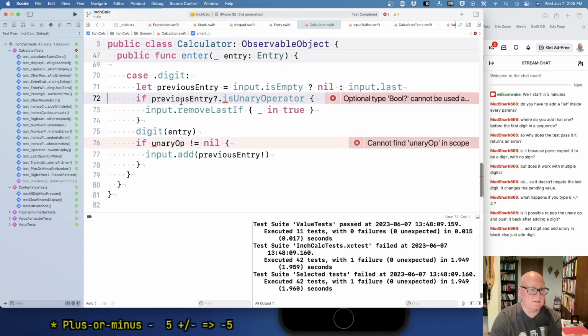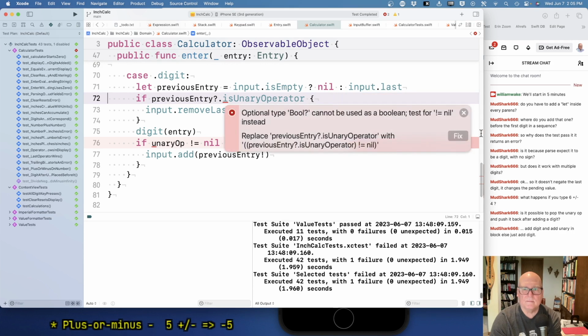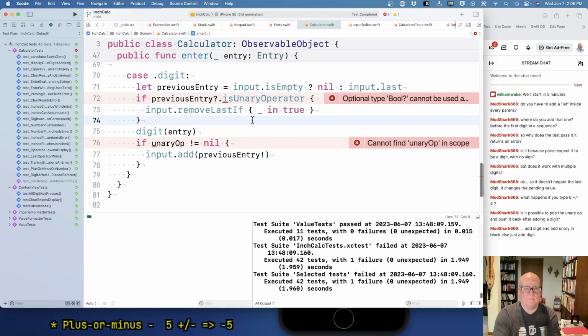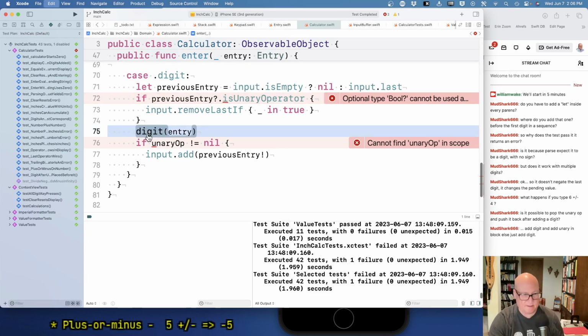If the previous entry, and let's do what you suggested.